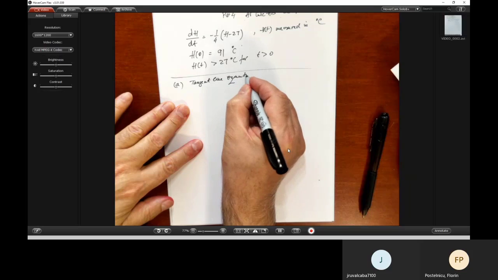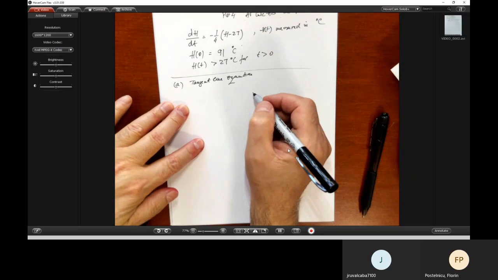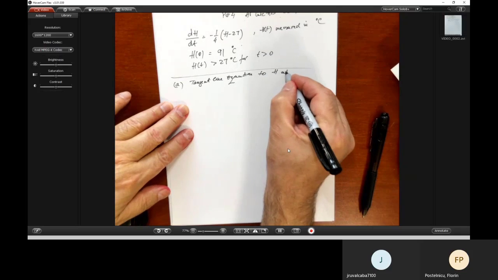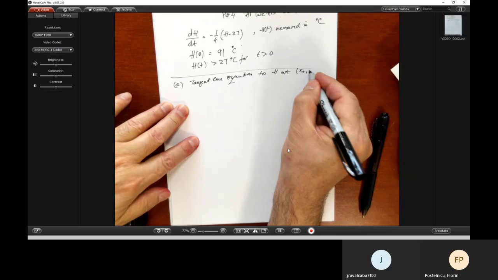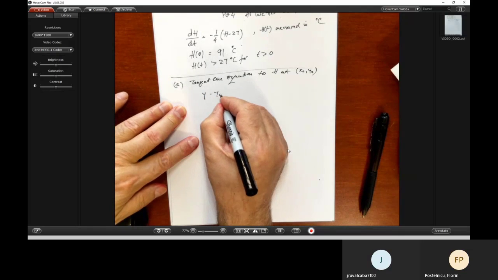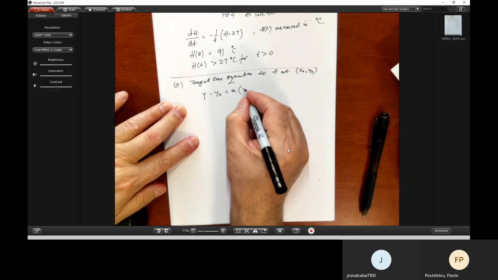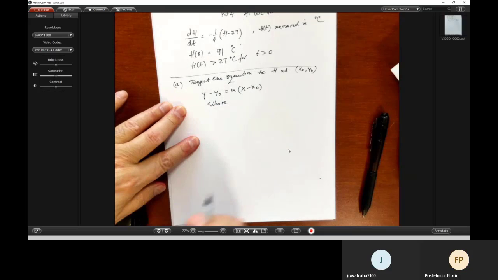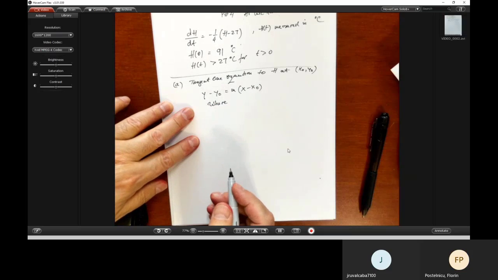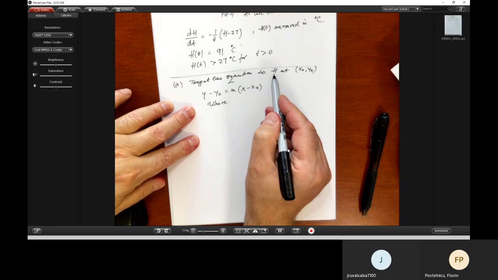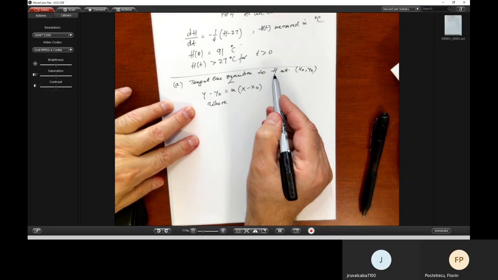If you remember, this equation is actually y minus y sub 0 equals m times x minus x sub 0, where m is the derivative of h with respect to time at t0. Because our function h is a function of t, I will put t0. So the derivative of h with respect to time at t0.